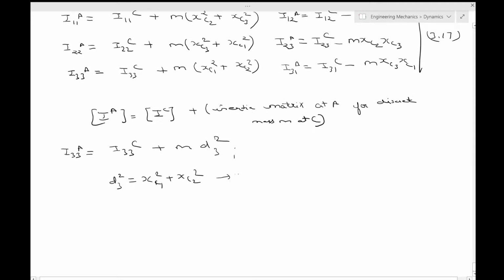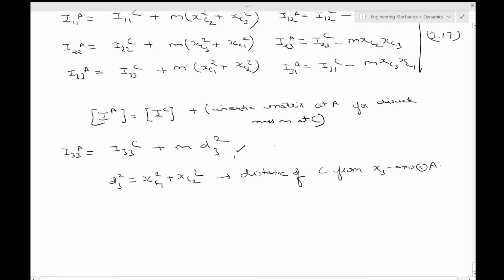So this is the distance of C from the x3 axis at A. Now this can be written as I33.